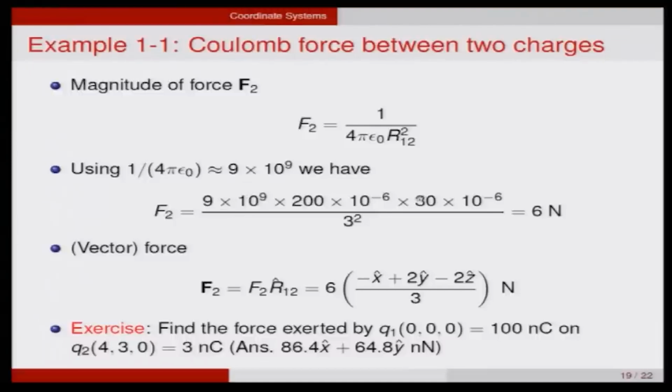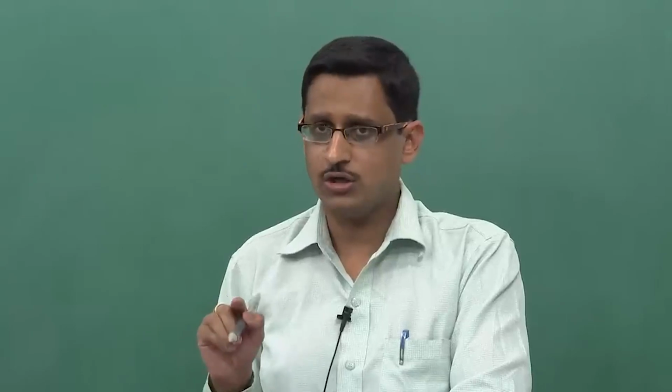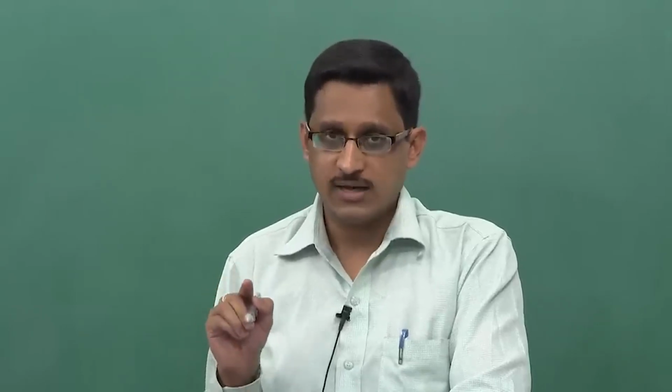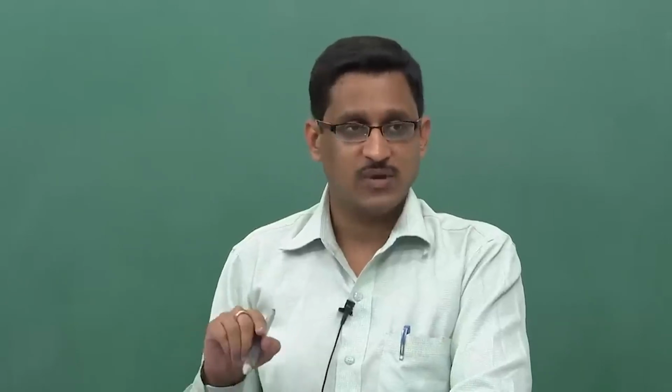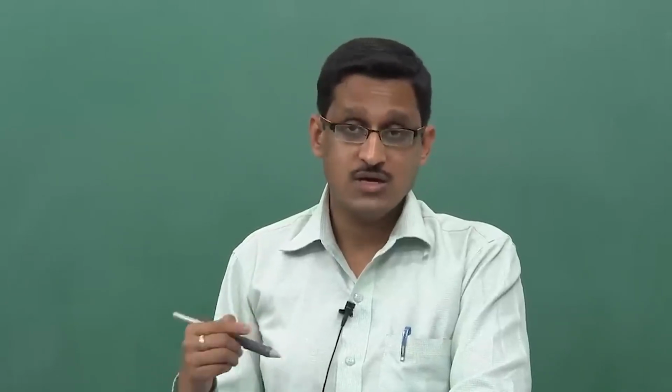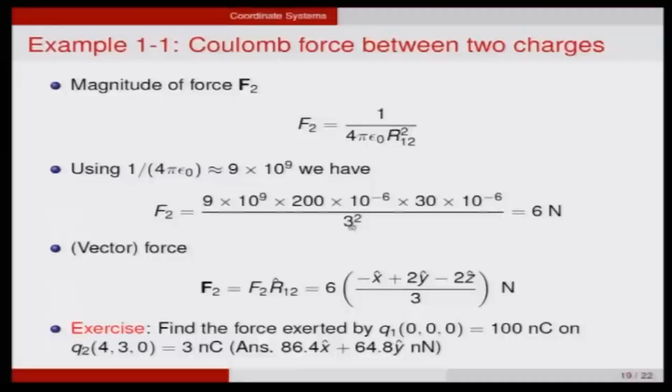Remember, the force on a charge Q2 is proportional to the product of the charge magnitudes Q1 and Q2, and inversely proportional to the square of the distance between the two. Okay, the distance between the two is 3, so 3 square is R12 square. So you are going to get 6 newtons. Okay, this is the magnitude of the force. However, in terms of the vector, I need to multiply the magnitude by the unit vector.